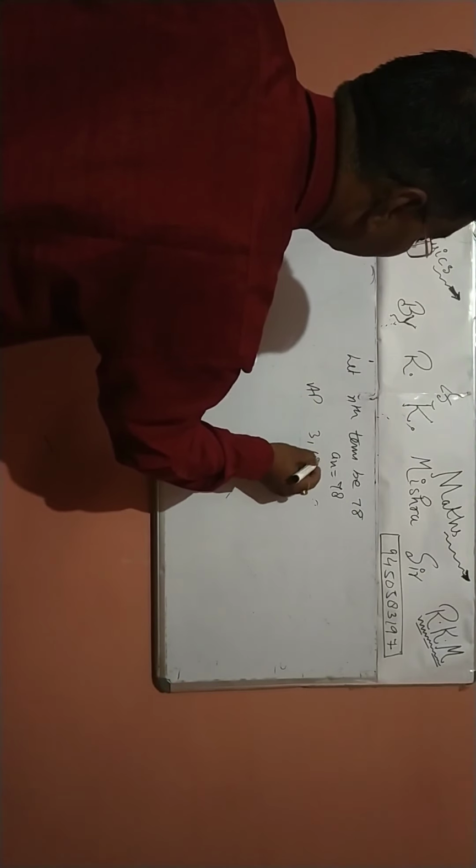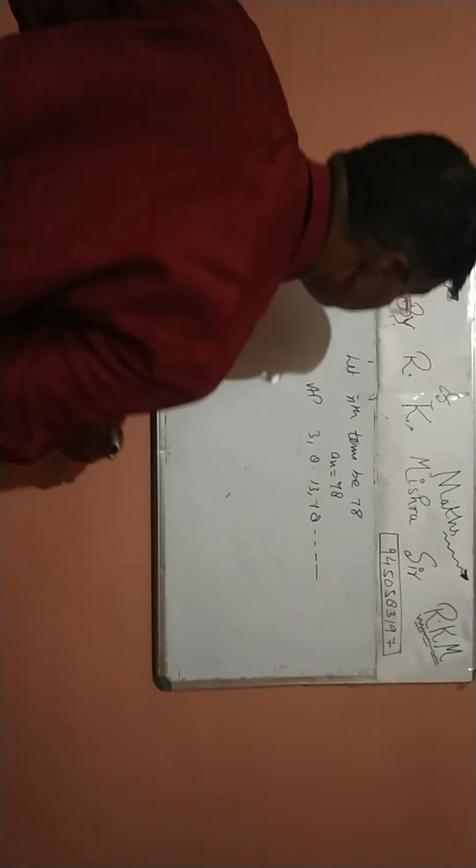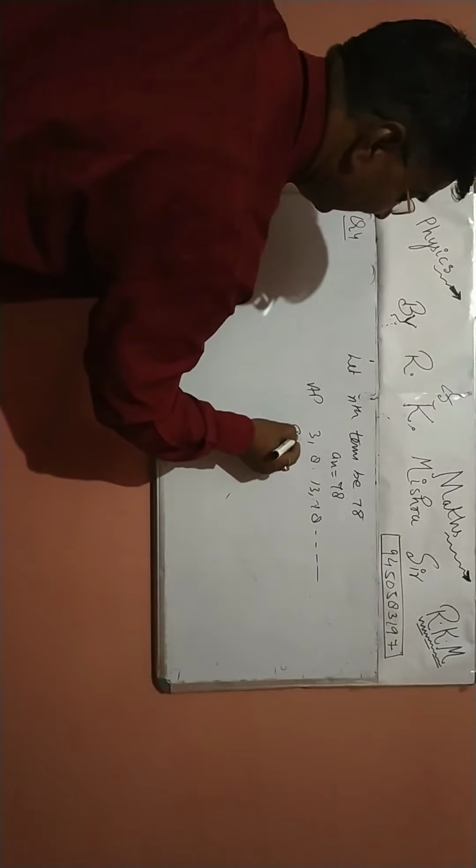The AP is given: 3, 8, 13, 18. A is 3, D is 8 minus 3, which is 5, and we have to find n for an equal to 78.